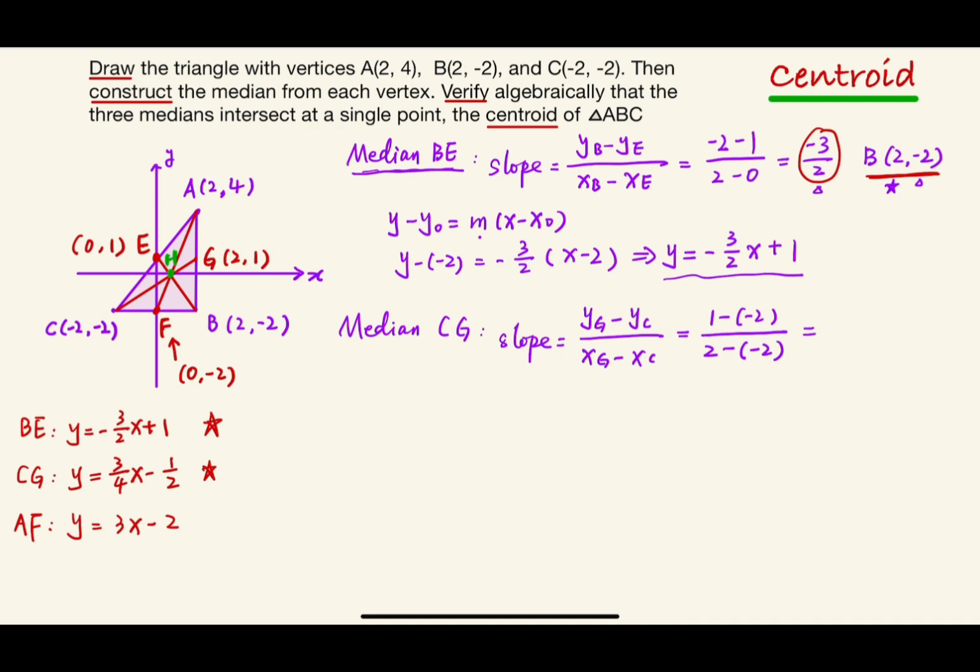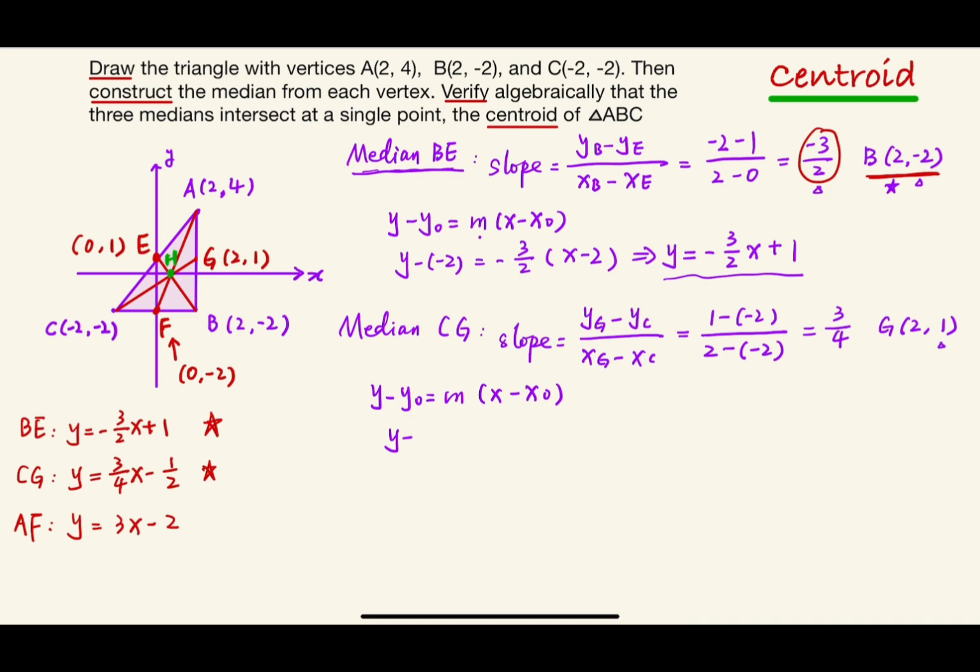So we get the corresponding slope 3/4. Then we can make use of the point G, its coordinate 2, 1. So we use this general expression to figure out the corresponding equation for median CG.